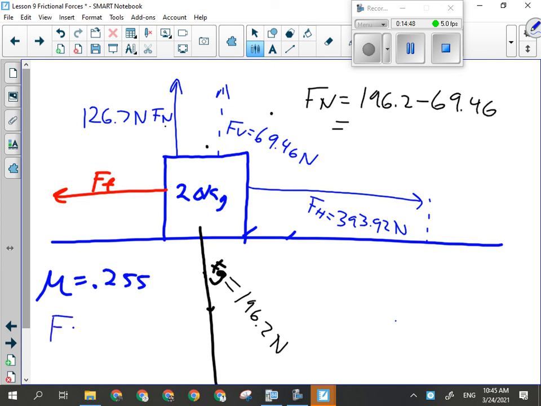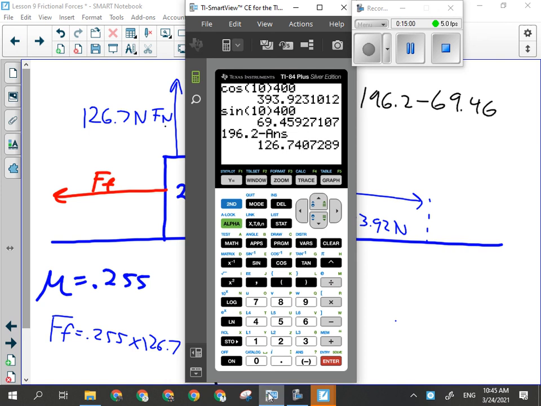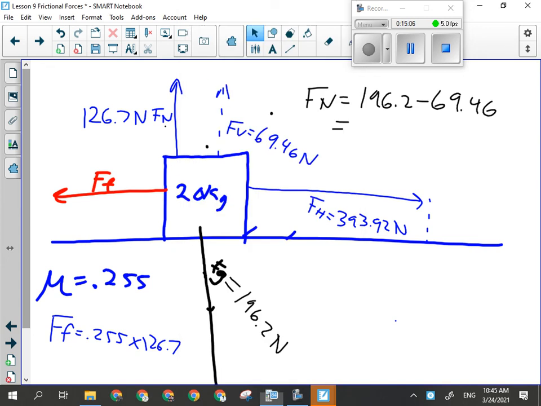Now that I have Fn, I can find force of friction: 0.255 mu times normal force, 126.7. So my force of friction is 32.3 newtons.